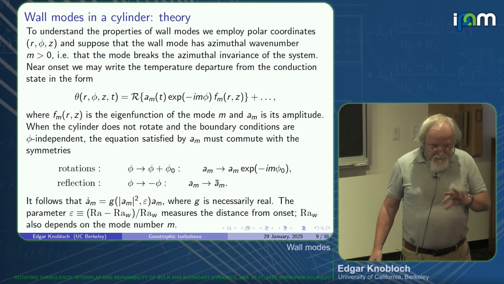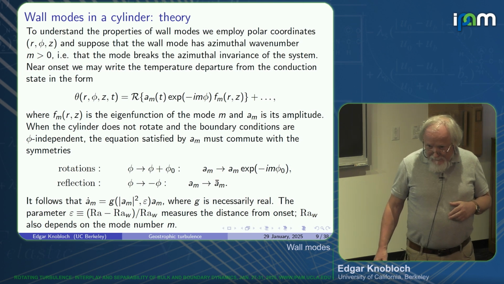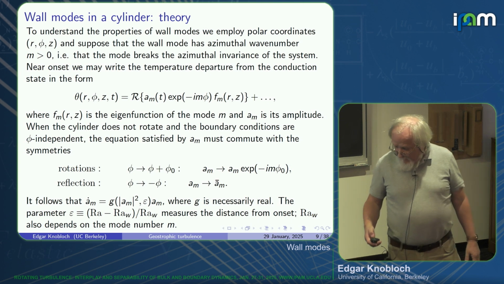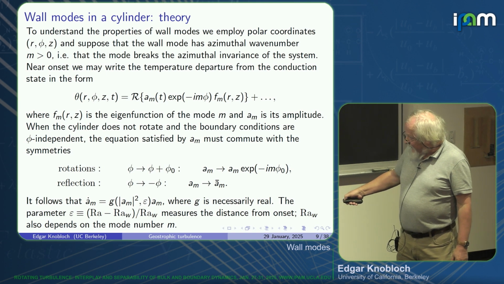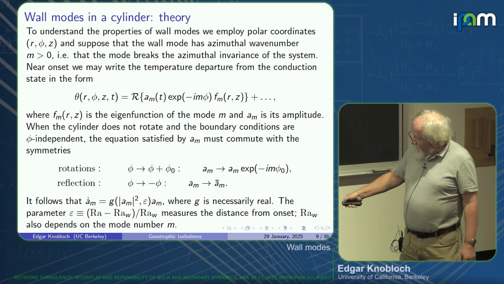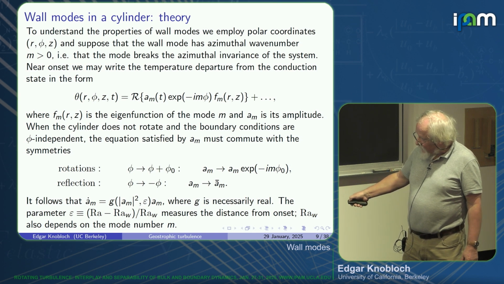And it has to be invariant under complex conjugation, and therefore it has to be real, right? So it's a real valued function, and of course times a_m. So this is the equation, and it is invariant under these operations.